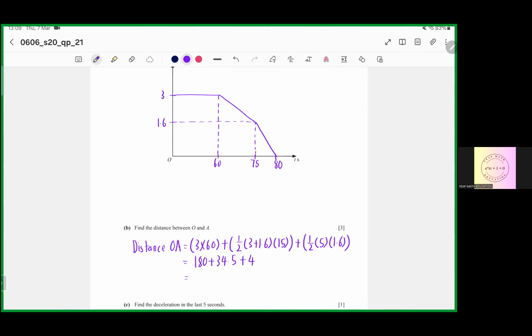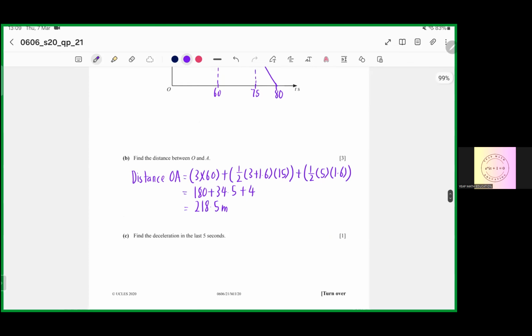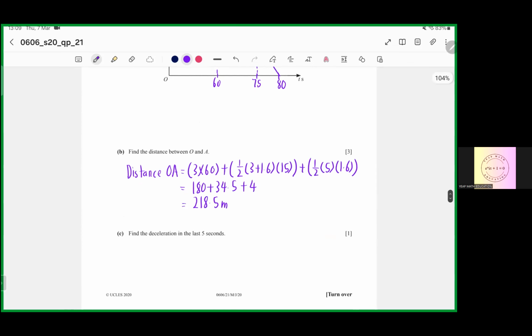So we get 218.5 meters. And then question C says find the deceleration in the last 5 seconds.